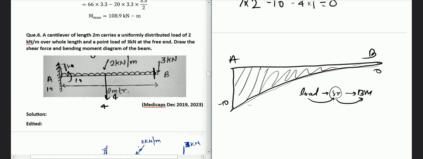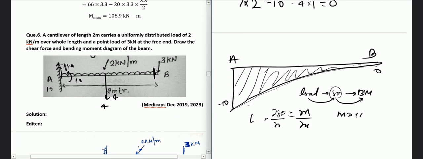You can also derive this by the following condition: the shear force is dM by dx, and dV by dx is the load. So this is the basic relation between load, shear force and bending moment. Let us say you have a shear force which is linearly varying, some mx plus c.